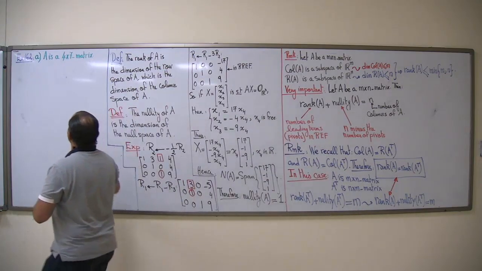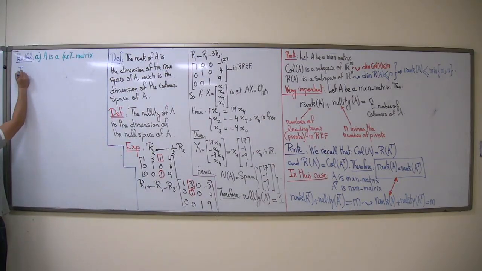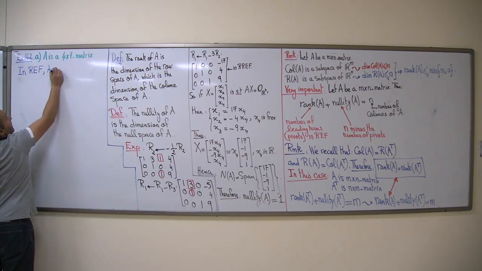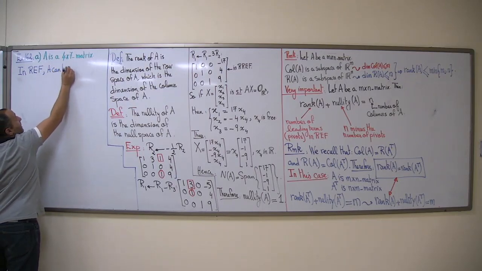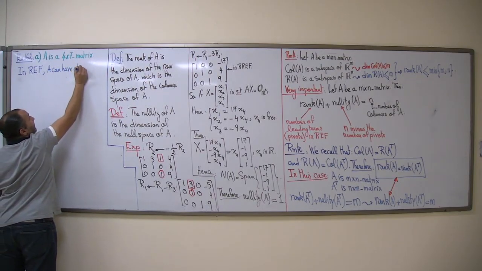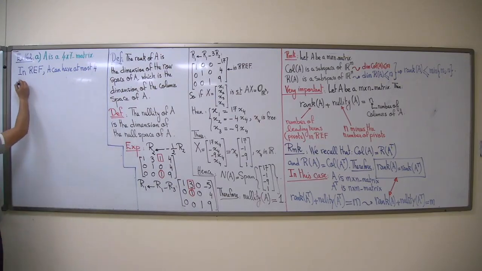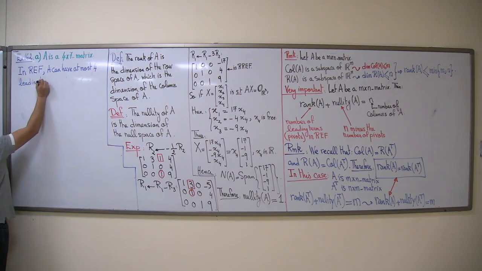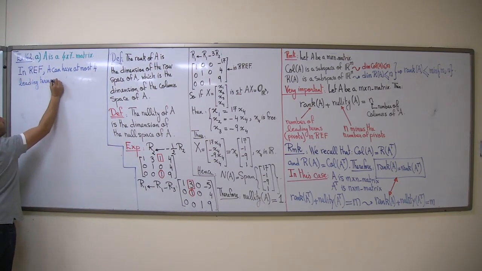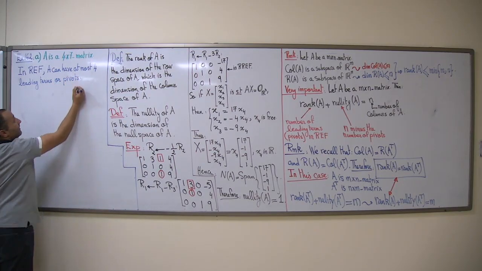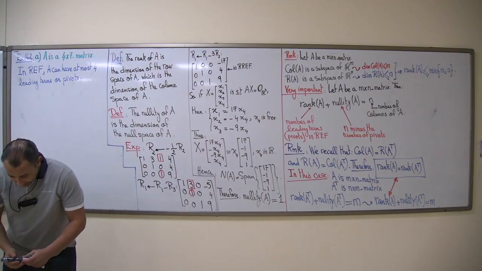So in REF, A can have at most 4 leading terms or pivots.